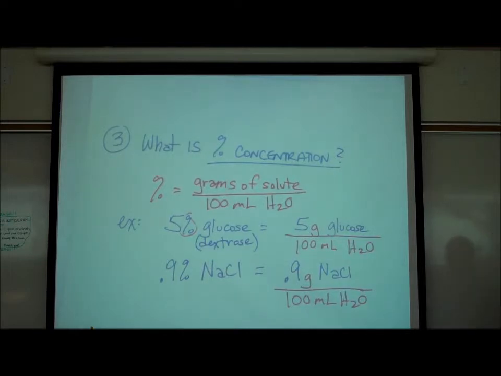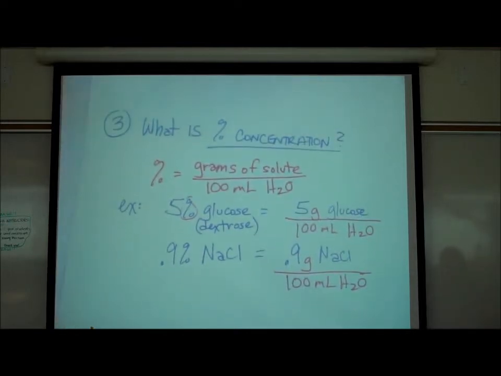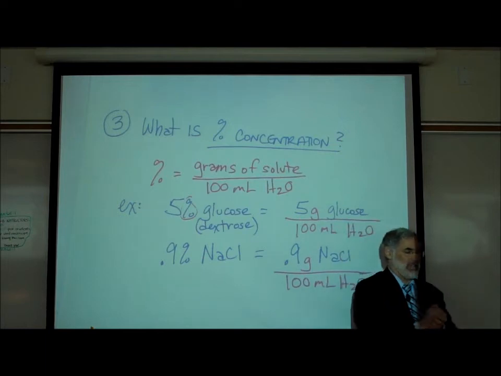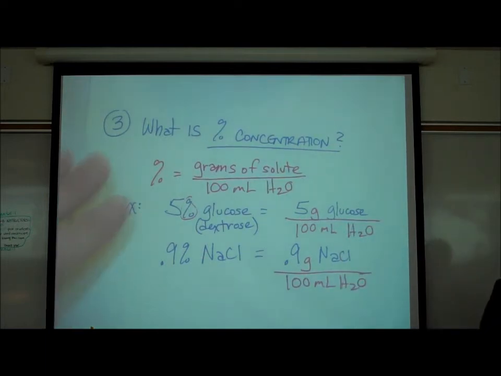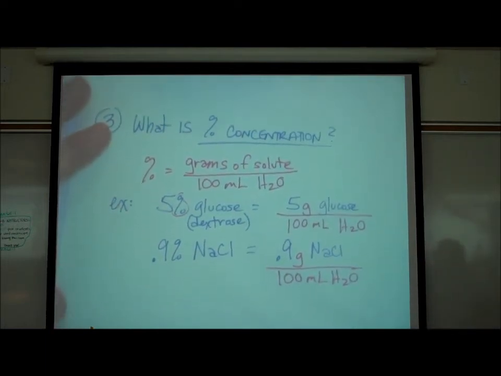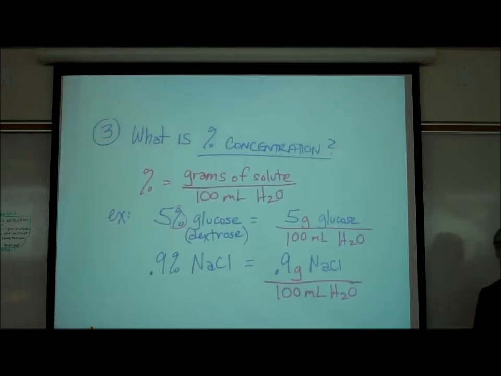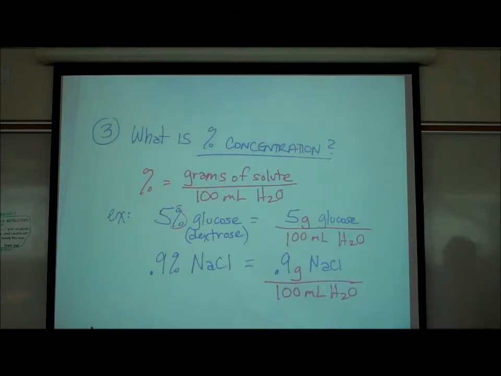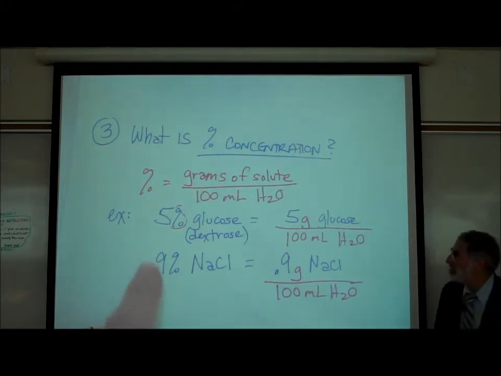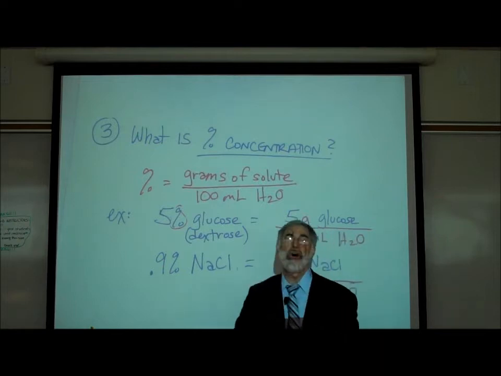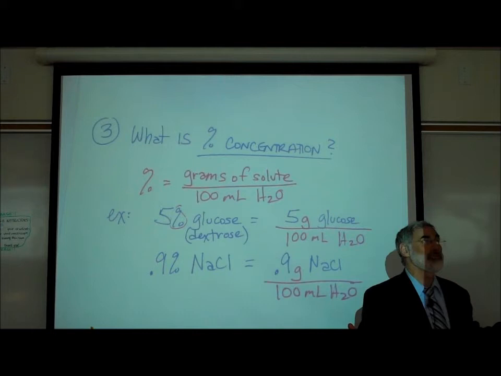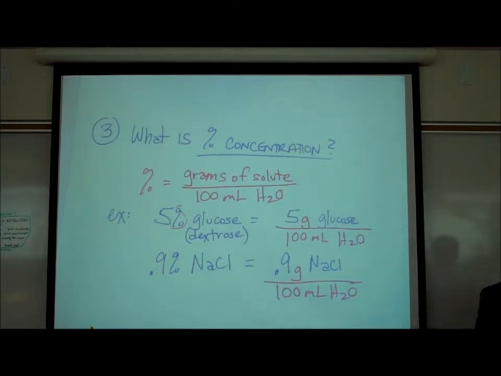One of the ways that we express quantitatively, mathematically, it's not complicated, the actual concentration is called percent. Now, that percent sign should be very familiar. If you're a business major, you use percents in terms of interest rates and so on. In this case, the percent sign, percent or percentile, always means per 100. No matter how you use that percent sign, it means per 100.